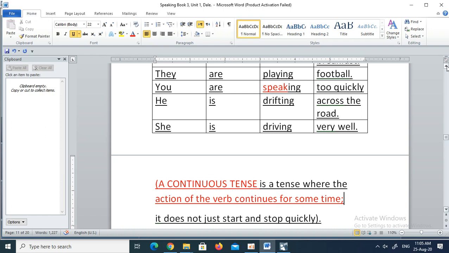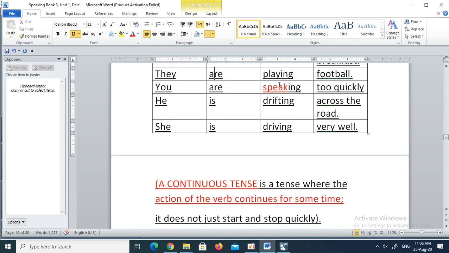She is driving a long time. When I say he is drifting across the road, it doesn't just happen in 1 second. It takes some time. When an action happens over a fairly long time, we use the continuous tense. And the way we form the continuous tense is with a form of the verb to be plus the participle.